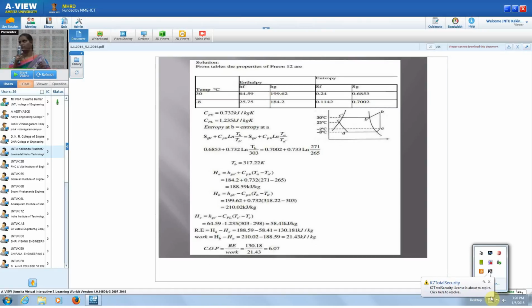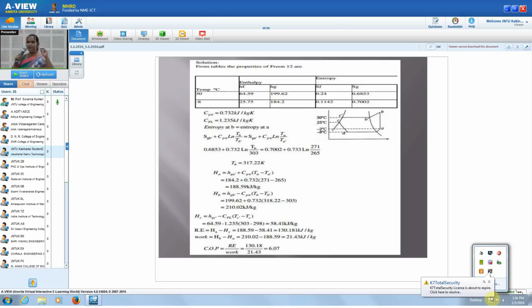So AB is the isentropic compression process, so entropy at A is equal to entropy at B. At A, you know the superheating temperature, minus 2 degrees centigrade, and the evaporator temperature is minus 8 degrees centigrade. But the discharge temperature TB should be known.